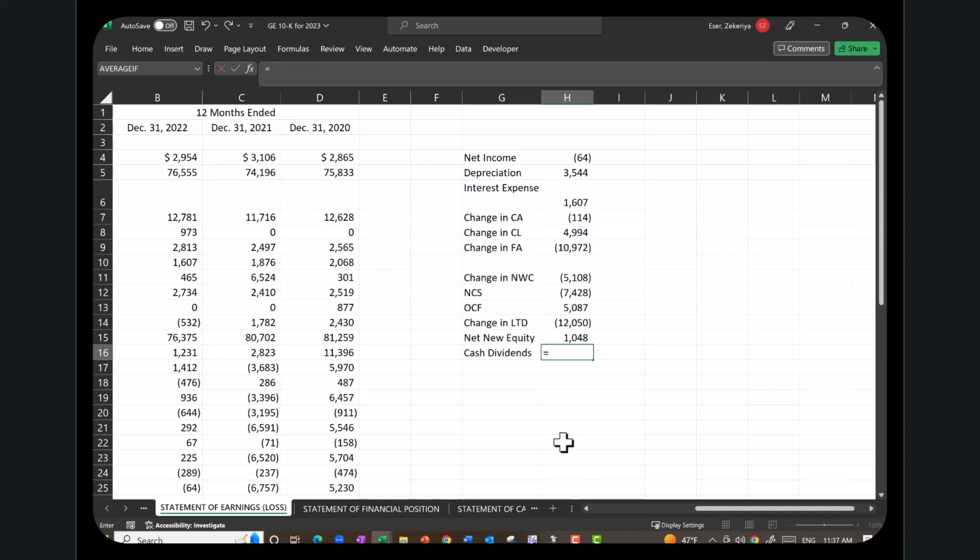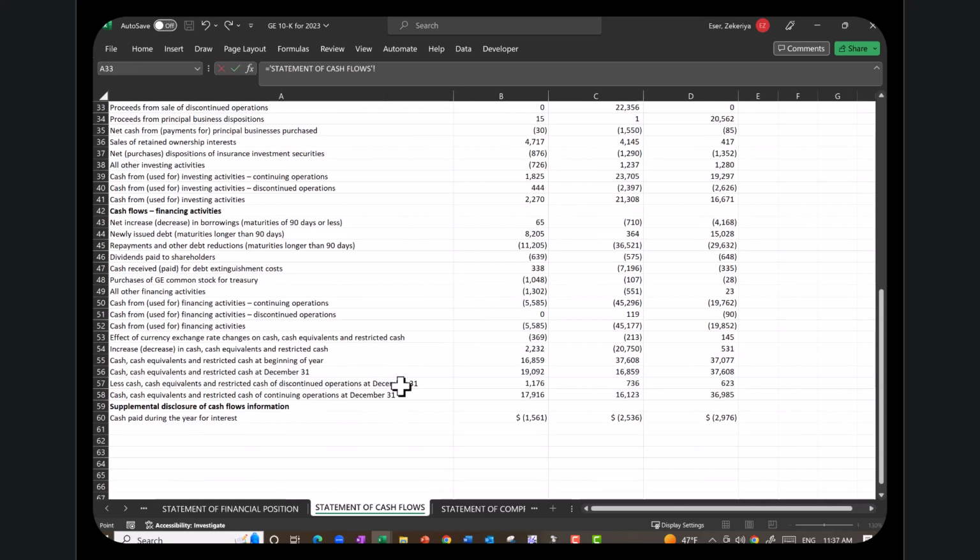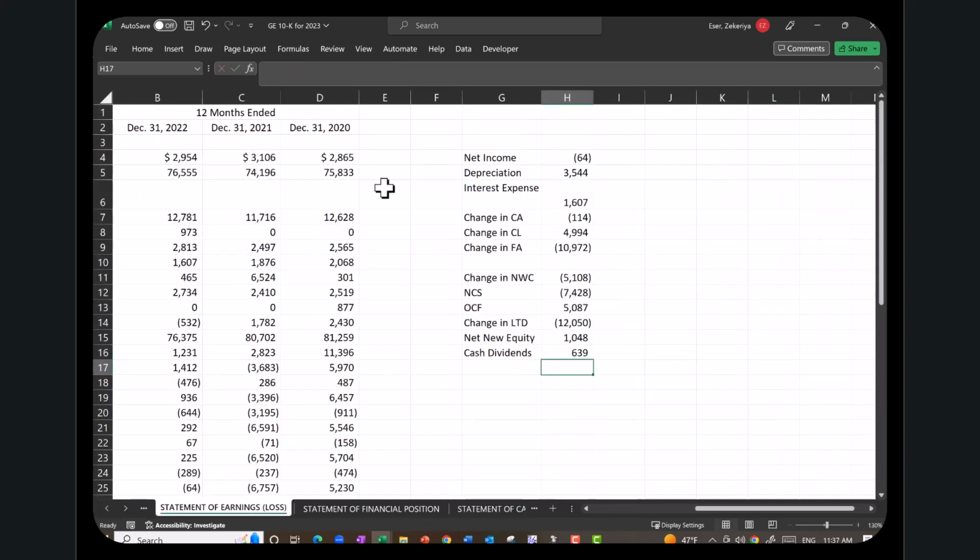Again, I'm going to get that from the statement of cash flows. It's about right here. It says negative, but remember, that's cash outflow for the firm, so I put a negative in front of that. So now we can calculate cash flow to shareholders.